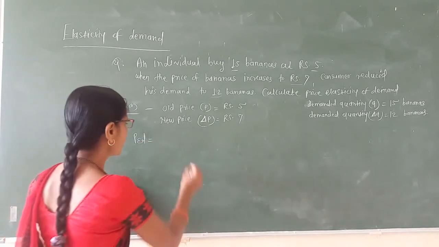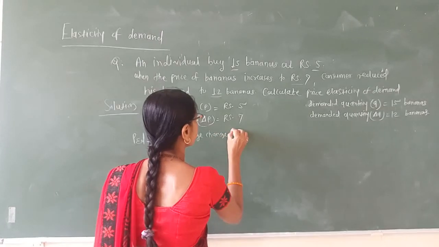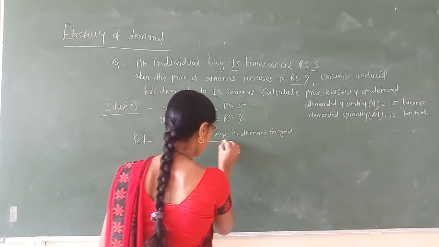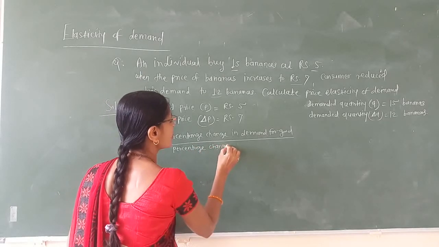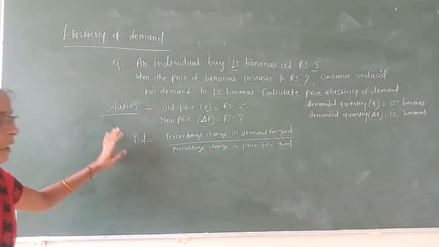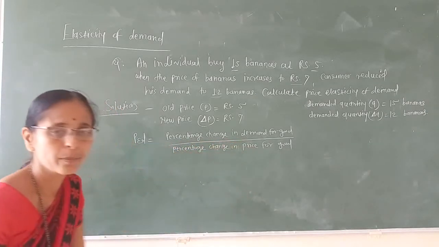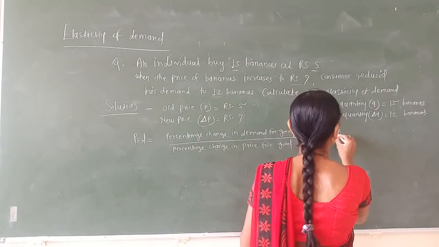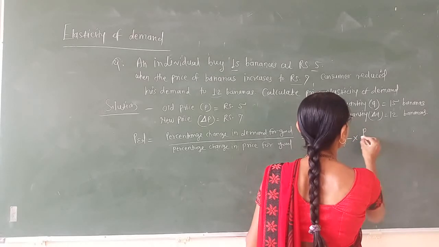The price elasticity of demand is equal to the percentage change in demand for the good divided by the percentage change in price for the good. Here PED is equal to the change in quantity demanded divided by the change in price of the commodity, into price of the commodity divided by Q.